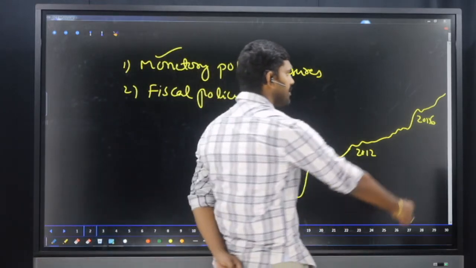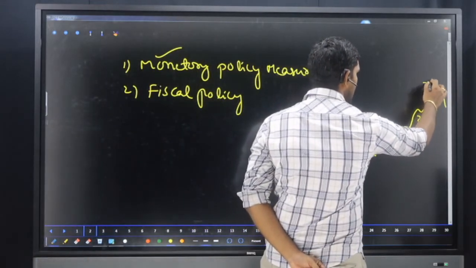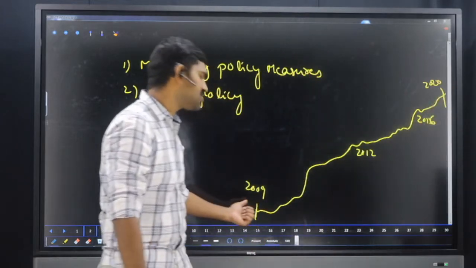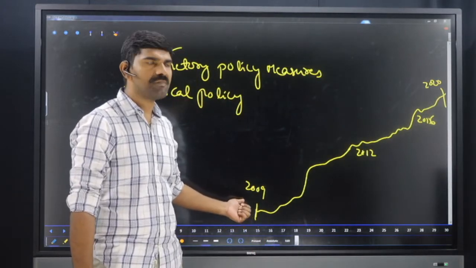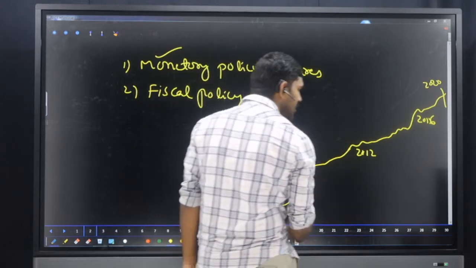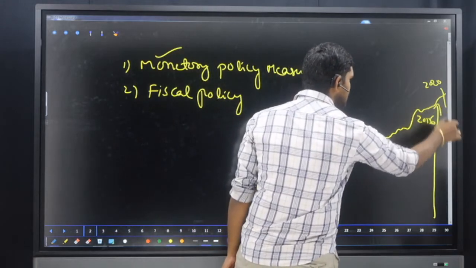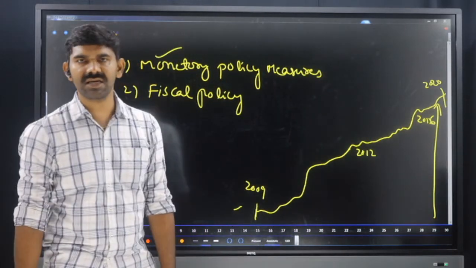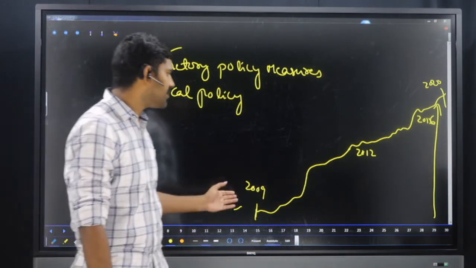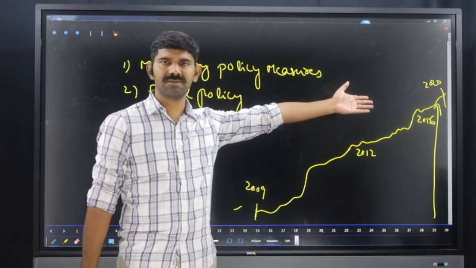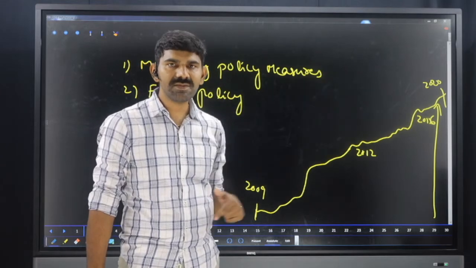Now when you compare the present state, that is 2020, with 2009, you can see that there is an enormous increase in the country's economy. Definitely from year to year there will be a huge increase in the prices, but that is meaningless. Why is it meaningless?